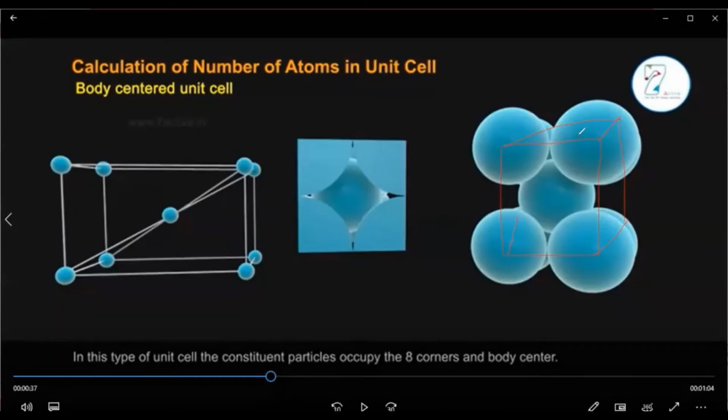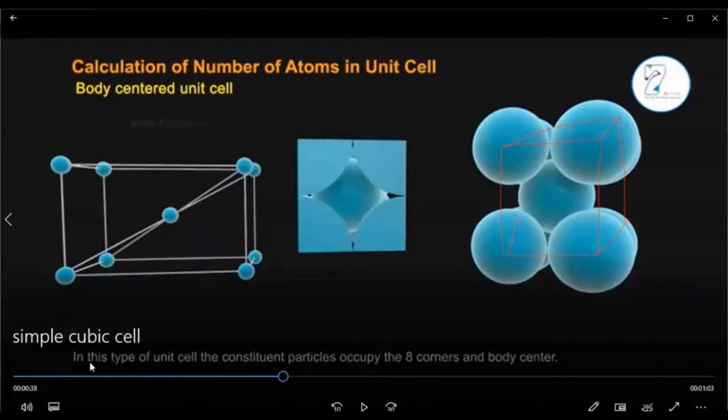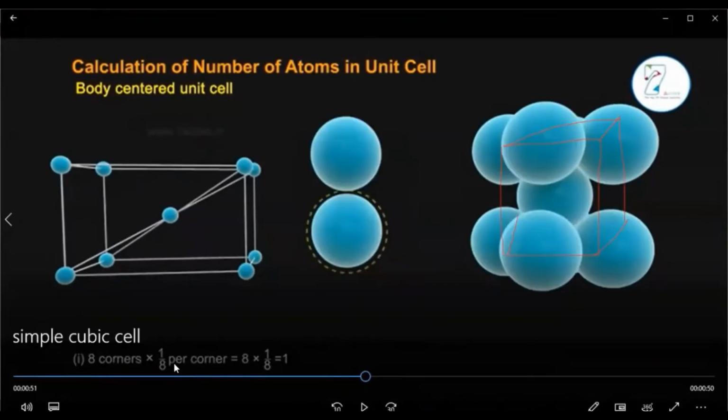You see these two here, these two here, those two at the back of this one, and these two at the back of this one, right? And there's a center atom that is at the center. You see, in this type of unit cell, the constituent particles occupy the 8 corners and body center. 8 corners and center body, right? 8 corners into 1 by 8 per corner. That is 1.